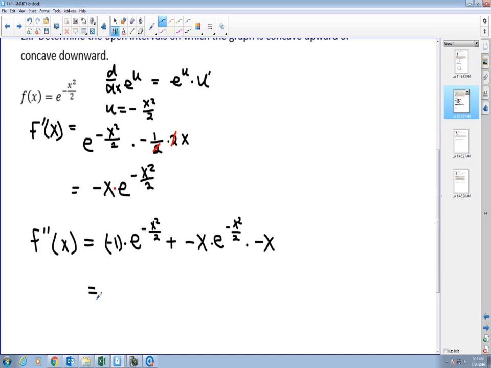I'm going to simplify this before I set it equal to 0. Both terms have e to the negative x squared over 2, so I can factor that out. This is negative e to the negative x squared over 2 plus x squared e to the negative x squared over 2.